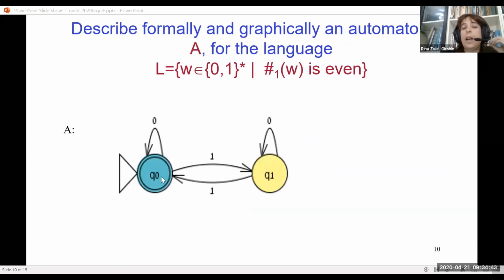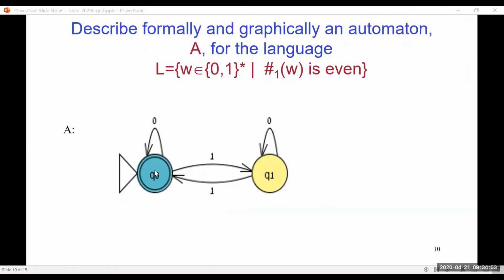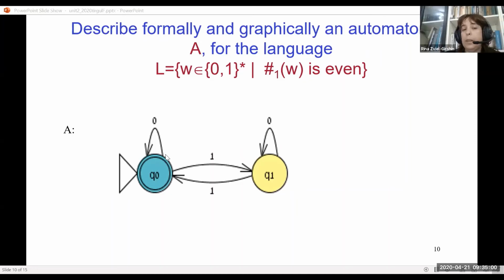Okay, if I start with Q0, the first question: do we accept an empty word? An empty word doesn't have any letters. Of course, because it has 0 ones. Exactly. So Q0 should be an accepting state. And if I get any zeros, I continue to stay in this state.